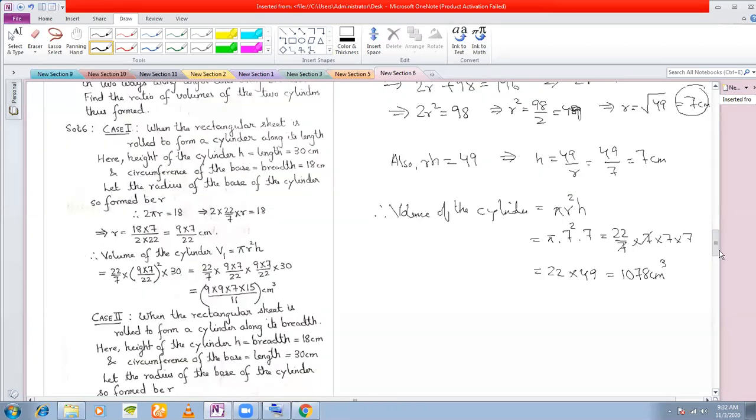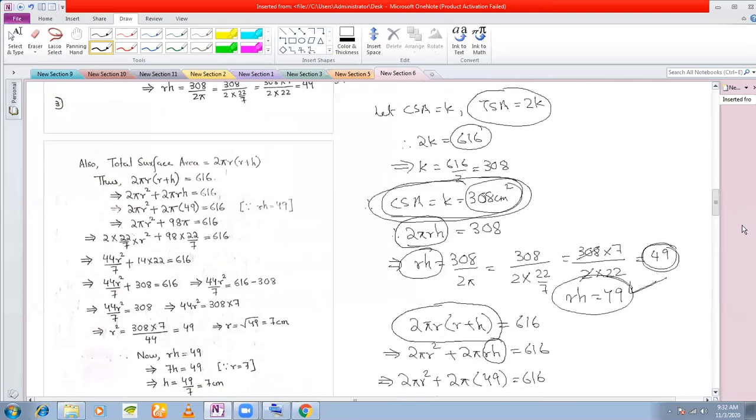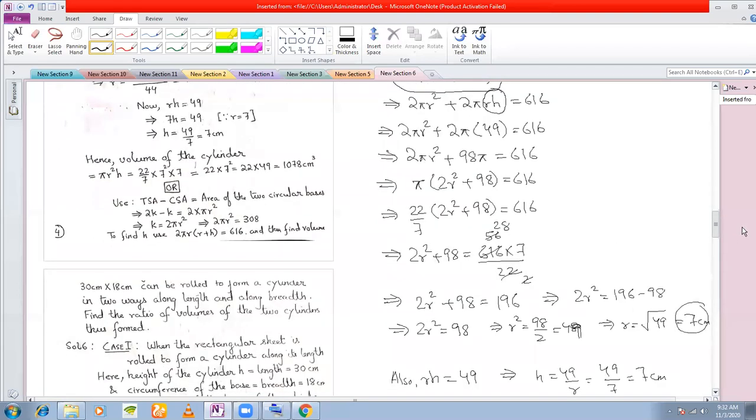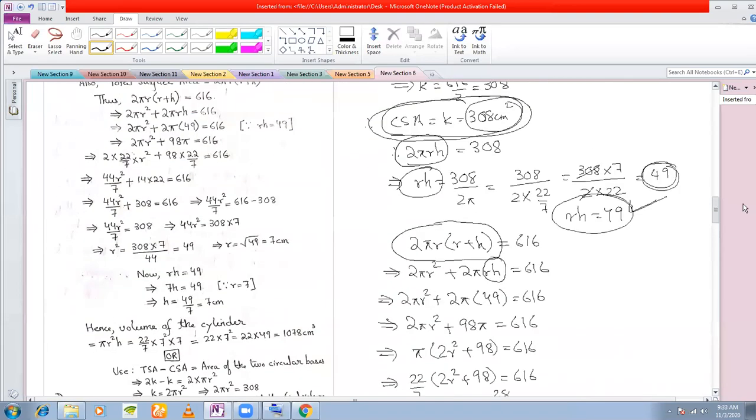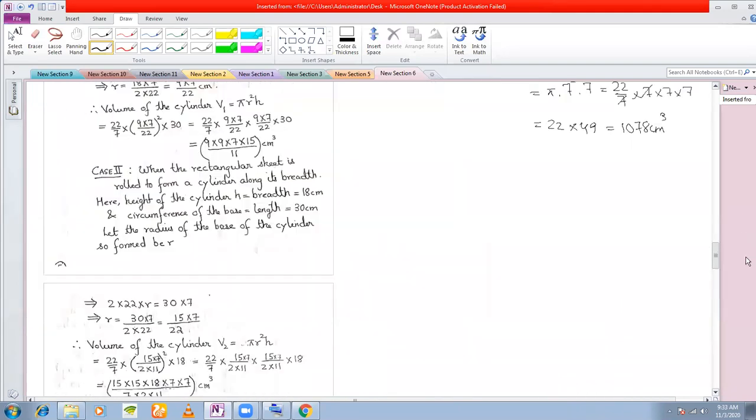Now this problem number, I can't see the number, but this should be number 6, I think. Yes, number 6 problem is exactly as the cylinder is being rolled, so you can do it on your own.